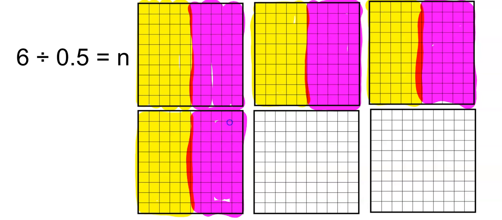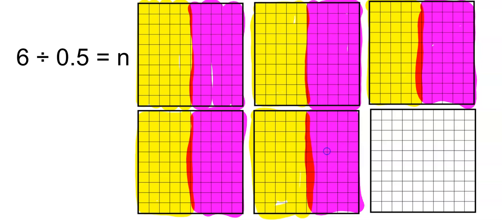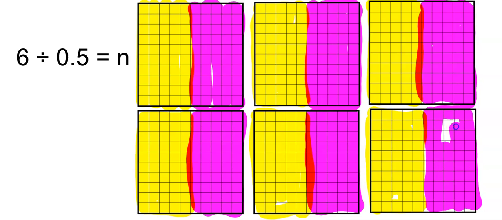And if I have to share this, went over a little bit on that one, but I'll fix it with the pink. And 5/10 here. And then 5/10. And I used alternating colors so that we could really see it.